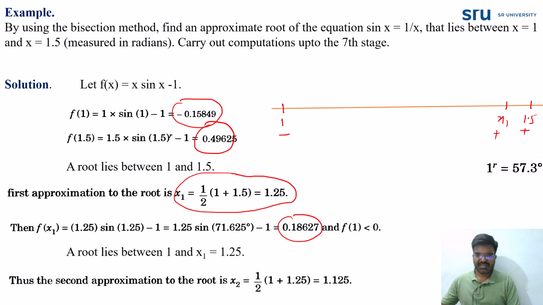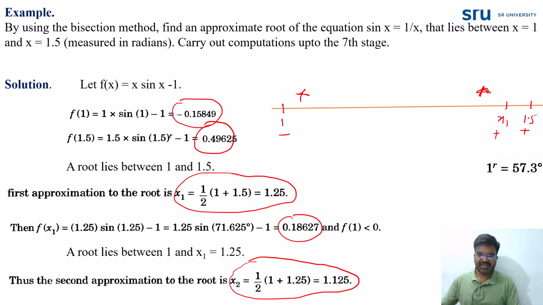So the next approximation is the midpoint of 1 and x1. So this is the next approximation of the root, that is 1.125. In the next step, we find the nature of the function at 1.125. If it is negative, I can mark here. If it is positive, I can mark here. Okay, how to continue this process?